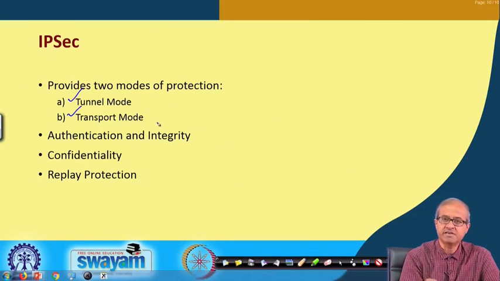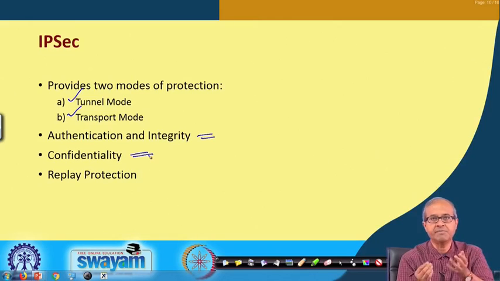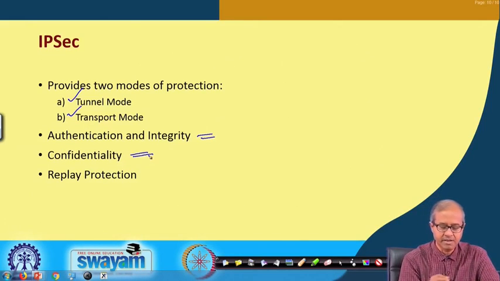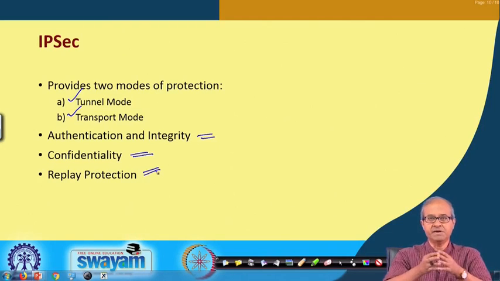And the services that it provides, as I told you: authentication and integrity is one thing. Confidentiality, using encryption, it can maintain confidentiality of data, and replay protection. Because I mentioned earlier, there is something called a replay attack, which can be exploited by the intruder if your system or network is not that well protected.